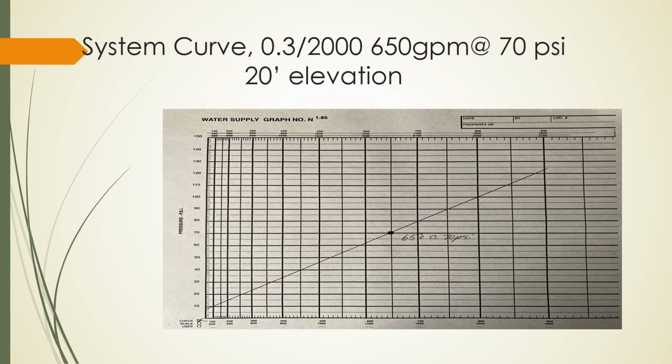If, for instance, we have sprinklers at different elevations, it throws a problem into it, because now we're not only dealing with friction loss, but we're dealing with elevation losses as well. So it's imperative that if you are using the extrapolation of the system curve, it always have the same design area with the same number of heads flowing, and that the sprinkler heads all be at the same elevation.